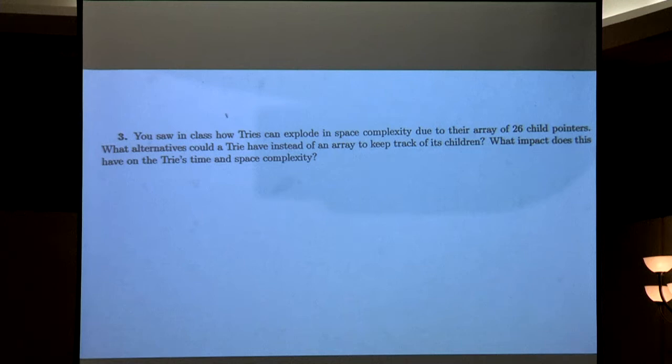And say you insert Zumlansky, your child linked list will just have an S in it. And then the next child will just have a Z in it. And it'll just keep going like that. So each of these linked lists, how big can they get at most? 26. Your linked list is only going to get 26 big at most.